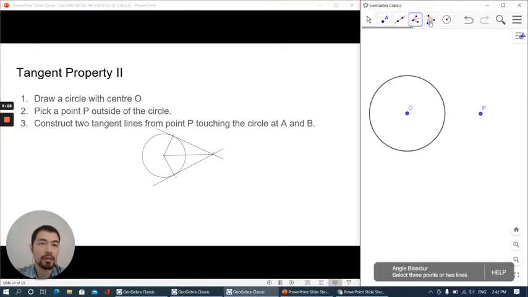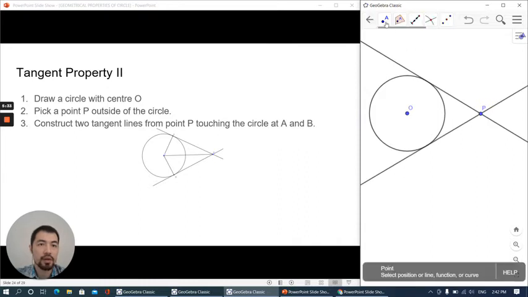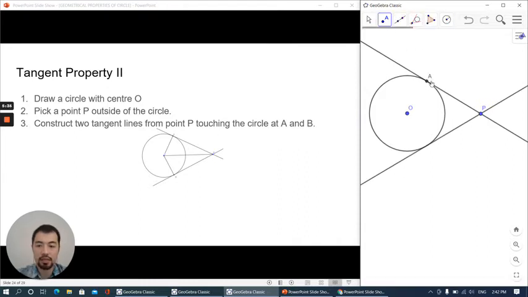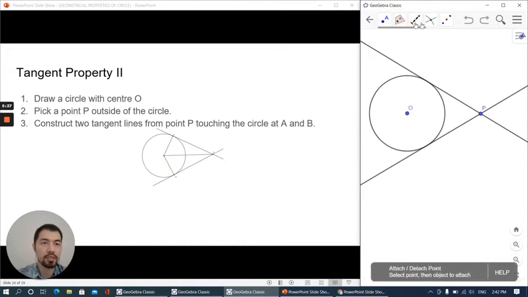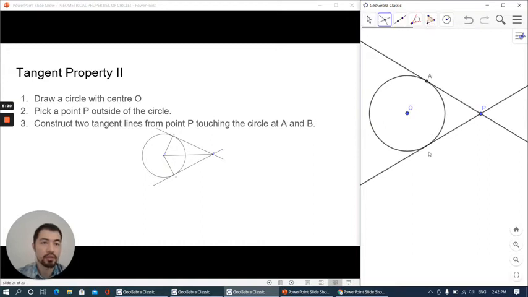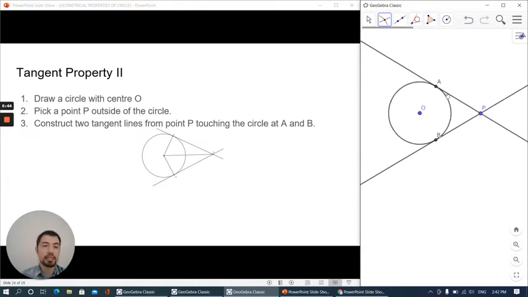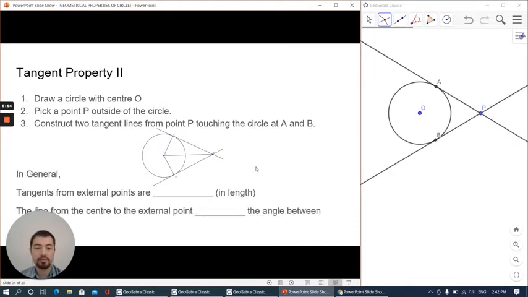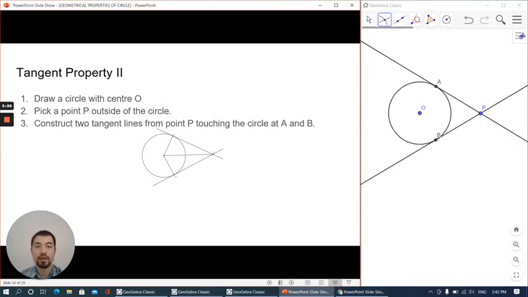So it touches here. Just making sure that it's right there. So there's a point P and the tangents touch the circle at points A and B. All right, so what can we say here?